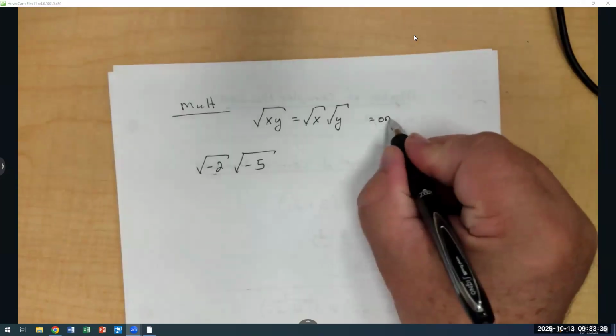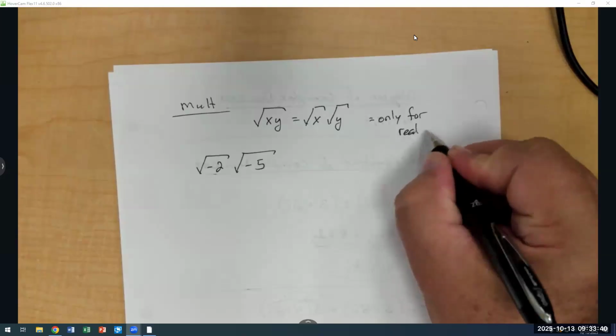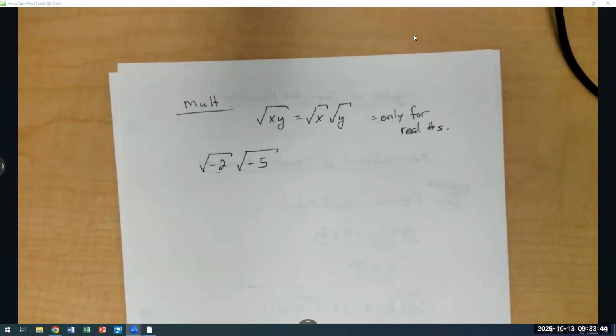This works only for real numbers. Because the most common mistake students will make, what would you do here first?